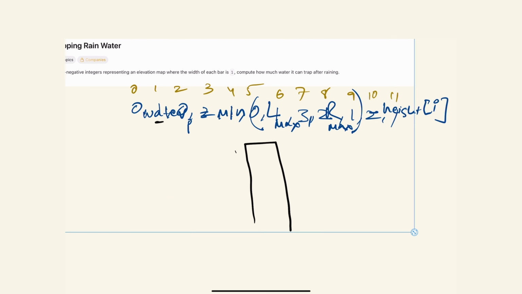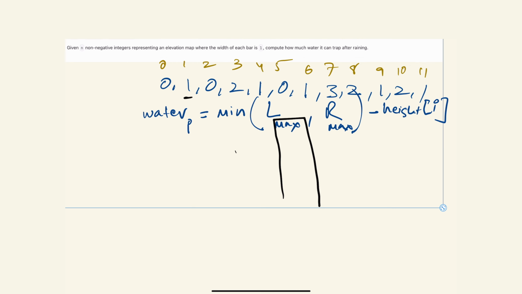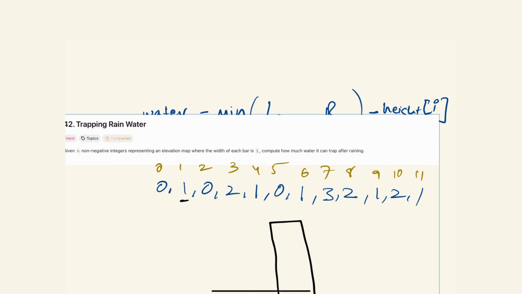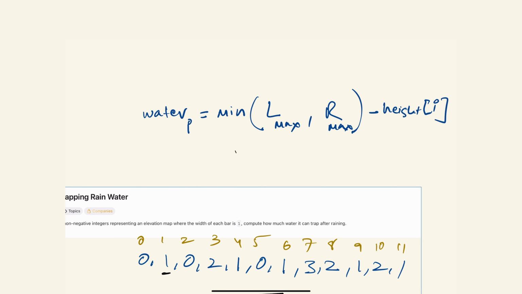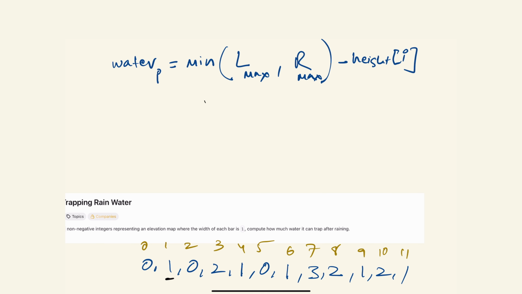Okay, this is my data, along with the formula. Now the length of the array is 12. This is my length, I will mark as n.